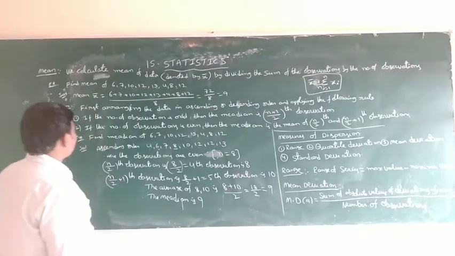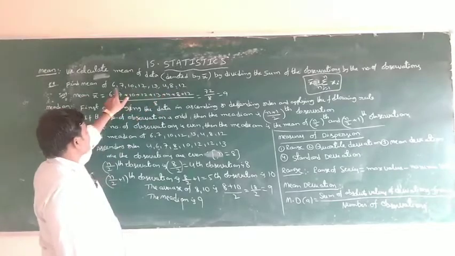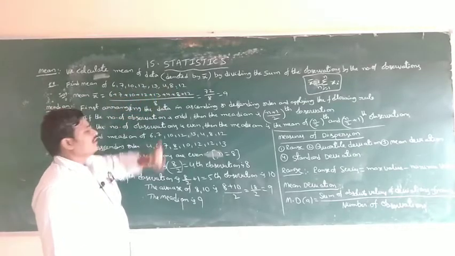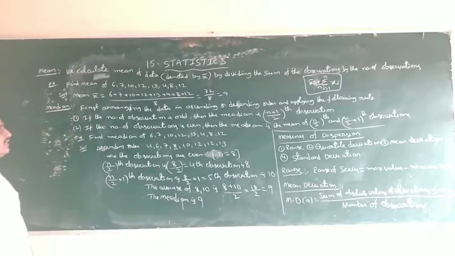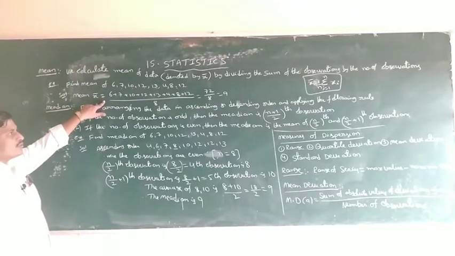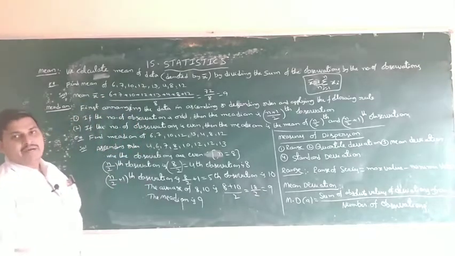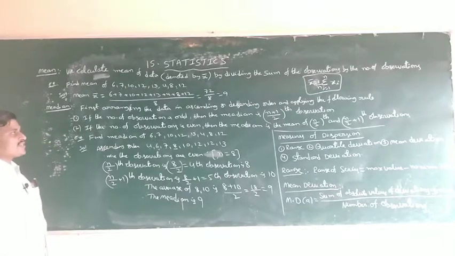So take one example. Find the mean of 6, 7, 10, 12, 13 and so on. Totally 8 numbers. Mean is denoted by x bar. X bar is equal to, what is the formula? Sum of the observations by the number of observations.